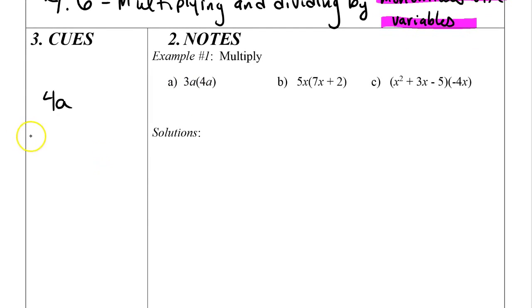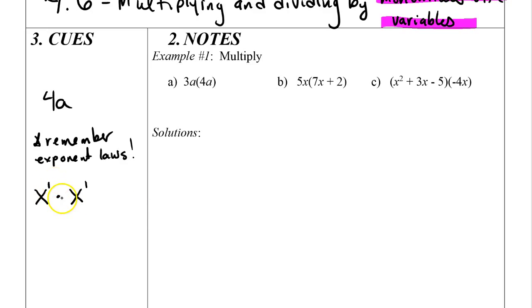Before we get into this, I just want us to be reminded of exponent laws. So if I have something like an x times an x, I remember that there is an implied power of 1 whenever I see a variable. So x times x is just x to the 1 plus 1, which is x squared.